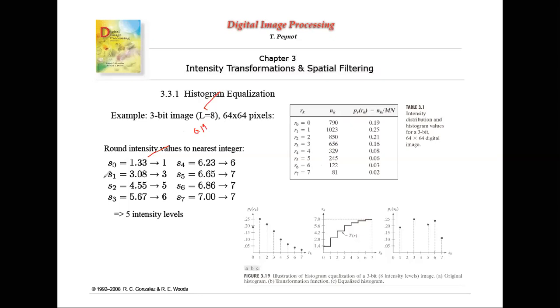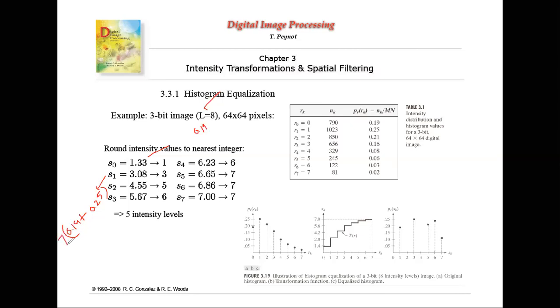What is this number, by the way? This number S1 is got by what? This is 0.19 plus the next intensity. S1 is 0th intensity plus first intensity, 0.25. Now this thing multiplied by 8 or 7? Somebody said multiplied by 8 or 7.